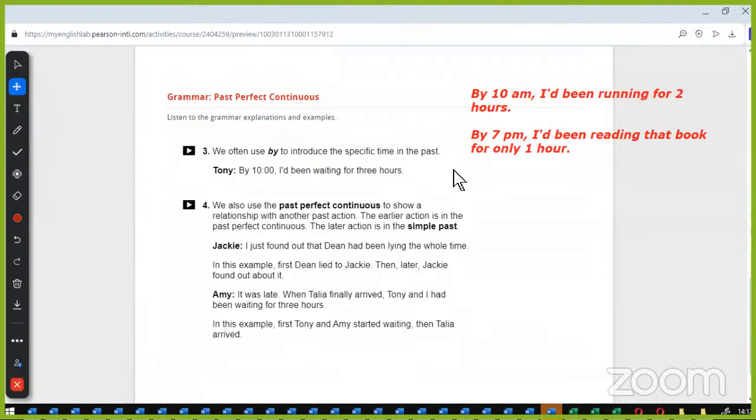Okay, and also we use the past perfect continuous to show the relationship with another past action. The earlier action is in the past perfect continuous and the later is in the simple past.